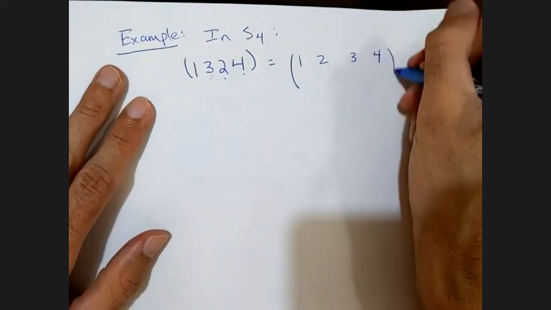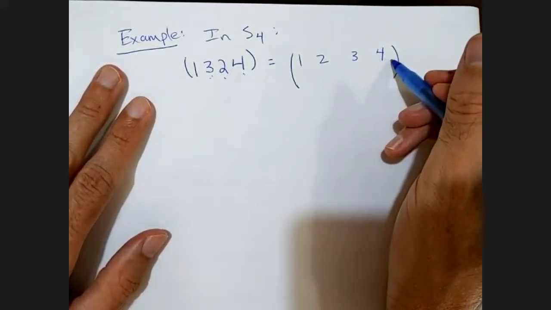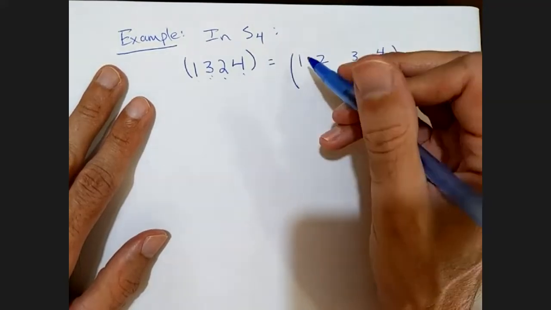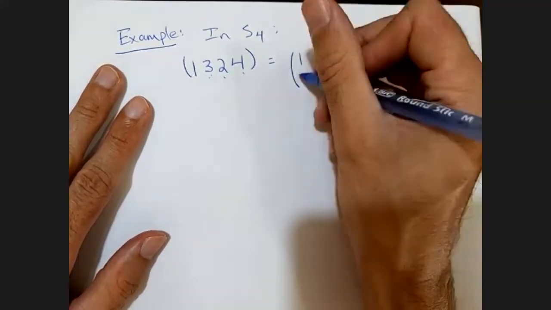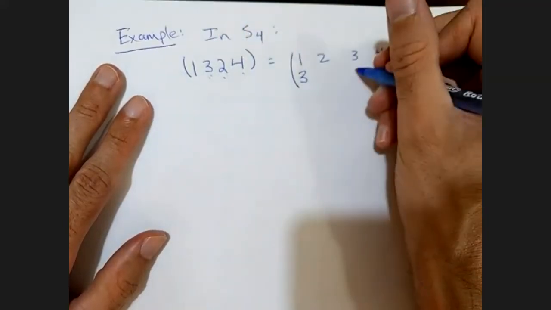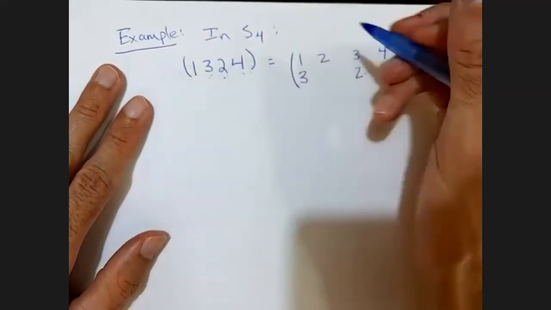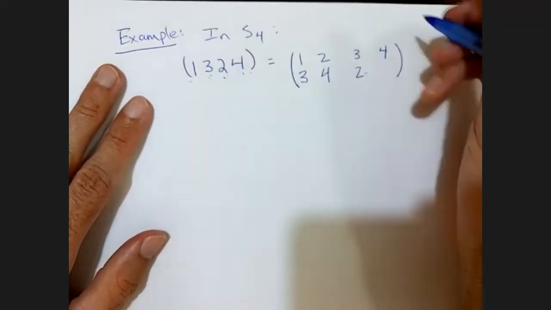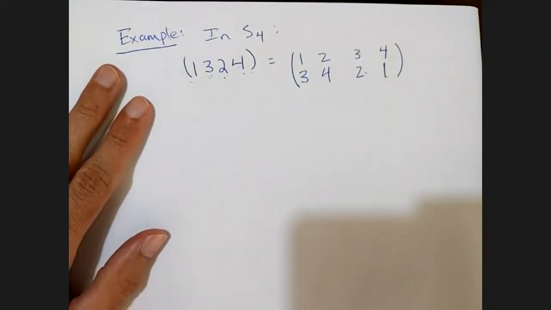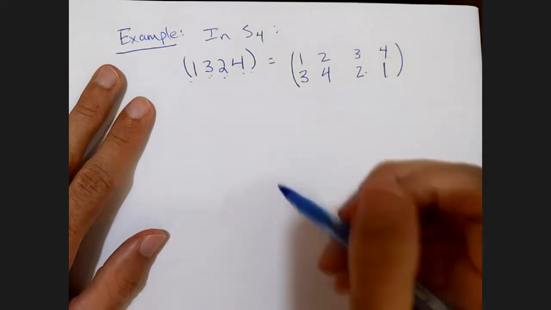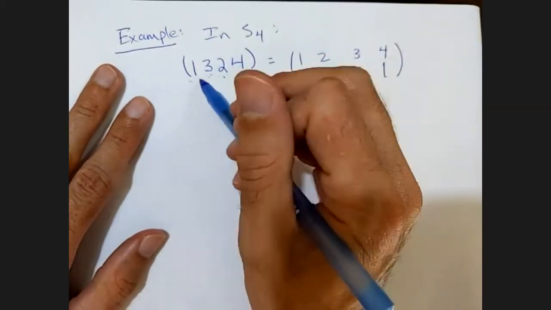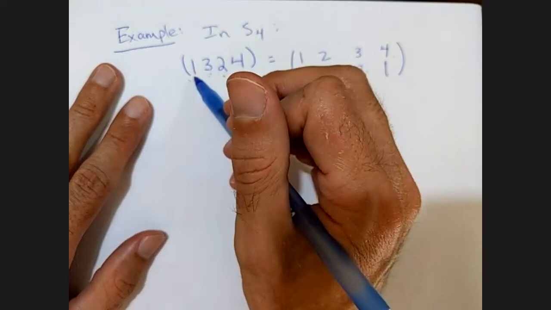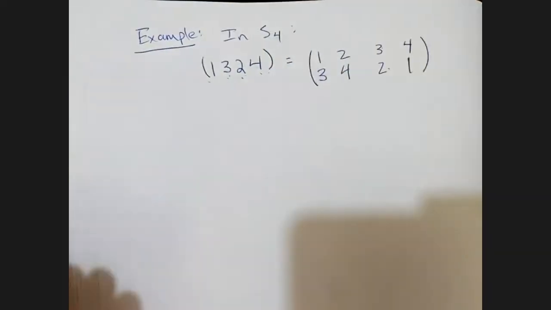Using the notation where we write the elements of the domain above and what they map to below, 1 gets sent to 3, 3 gets sent to 2, 2 gets sent to 4, and 4 goes to 1, so we put a 1 there. You can see this permutation goes around and around in a loop: 1, 3, 2, 4, 1, 3, 2, 4, on and on.